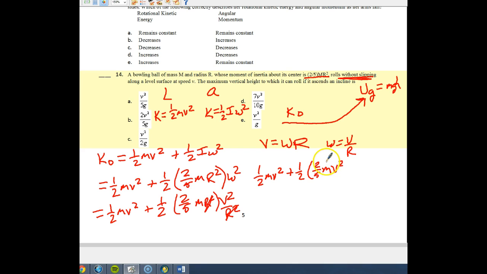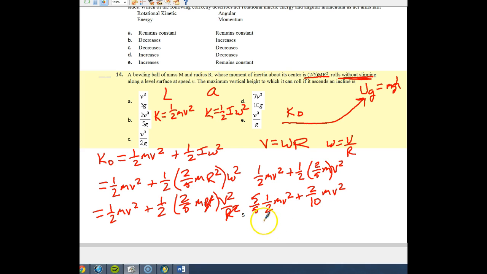So at this point, we can go ahead and leave this in here. We need to do a little bit of algebra. So I've got 1/2 times 2/5. So I'm going to have 1/2 of mv squared plus, this would be 2 over 10 times mv squared. And I want to make this something over 10, so I'm going to multiply both the top and the bottom by 5.